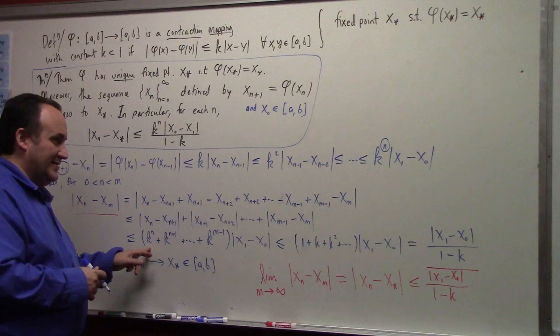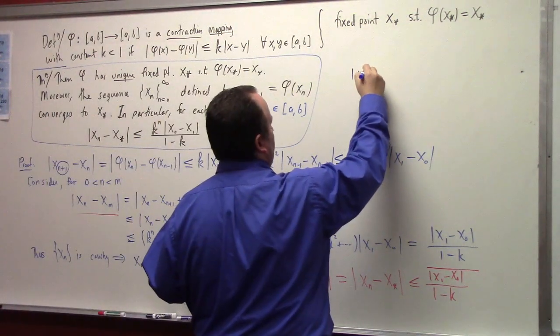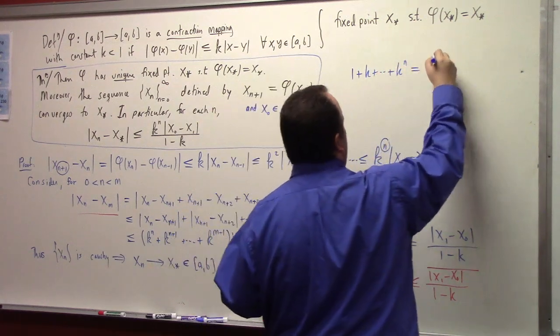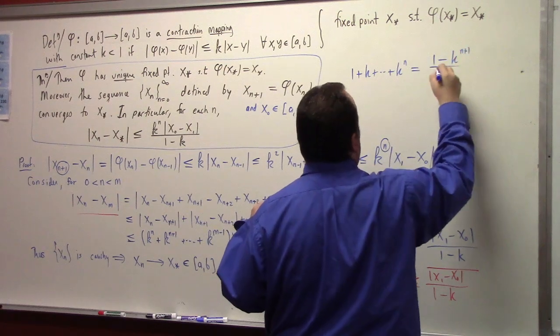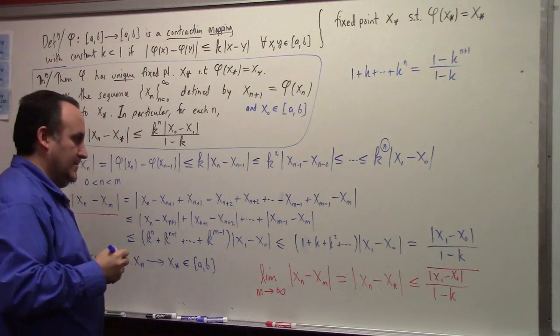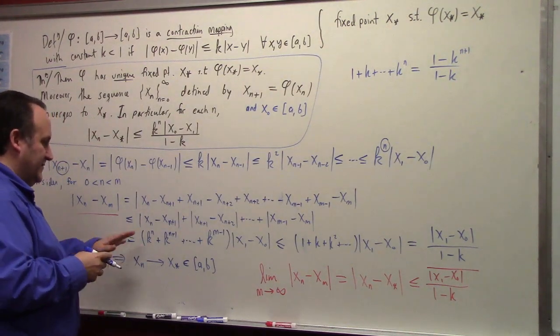remember that, how's it go? If we have 1 plus k plus and so on plus k to the power n, I think we get 1 minus k to the n plus 1 over 1 minus k. So instead of going all the way to infinity, don't do that.